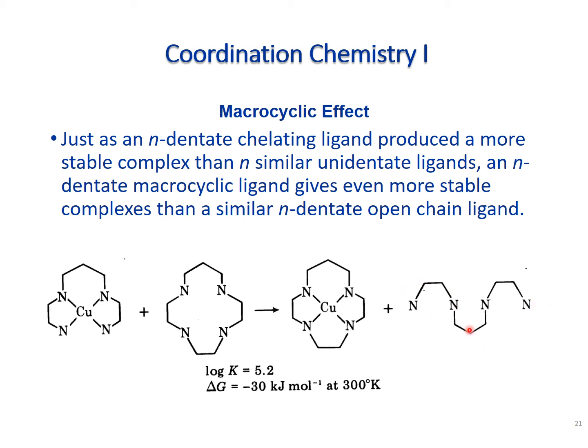It isn't locked in the position in which you would expect it to coordinate with a metal center like copper, where the macrocycle is already in that particular geometry, so it's actually going to be more stable to invite that copper into the center. So if you were to mix these two together, this macrocycle will actually outcompete this ligand, even though you can see that there are lots of similarities between this ligand and this macrocycle. So you can see that with the log K. So that's called the macrocyclic effect.